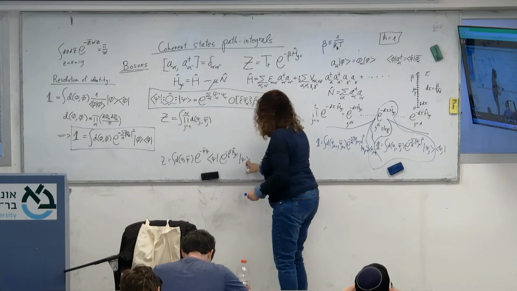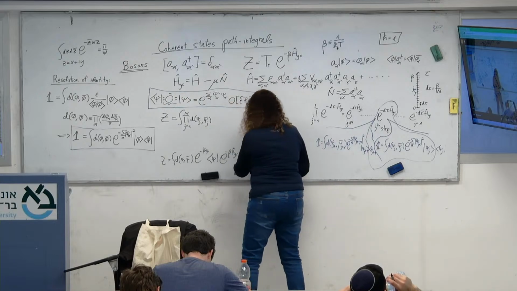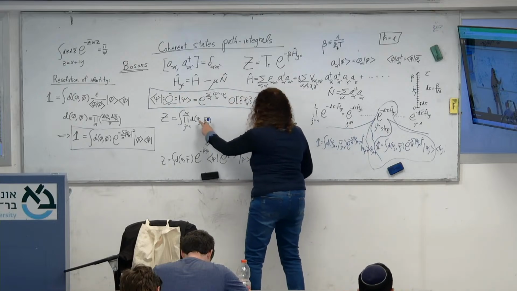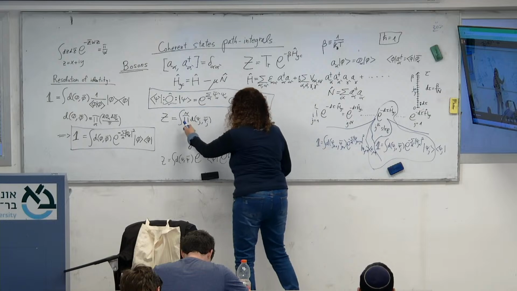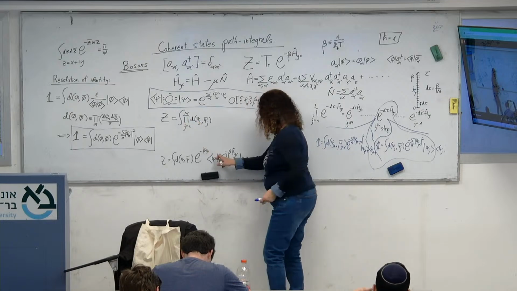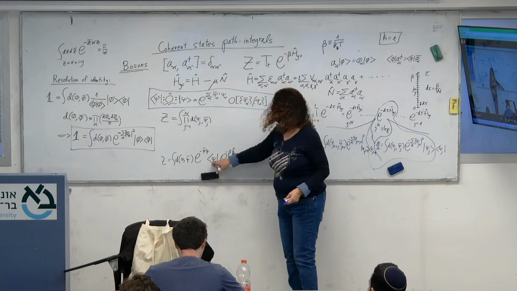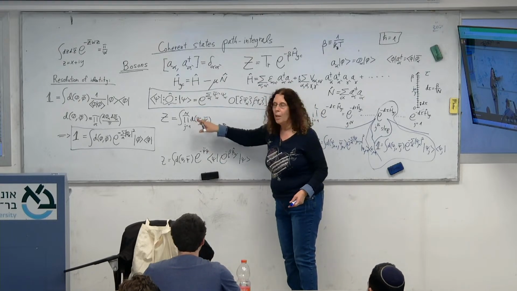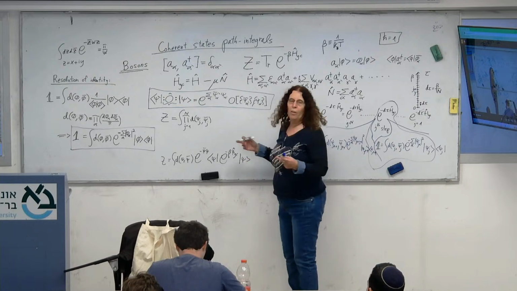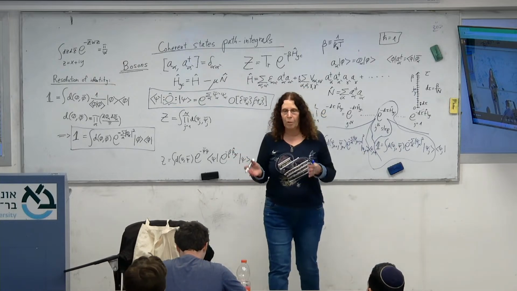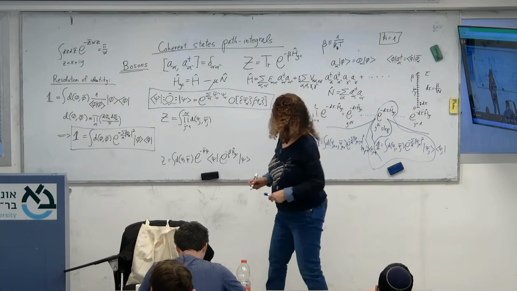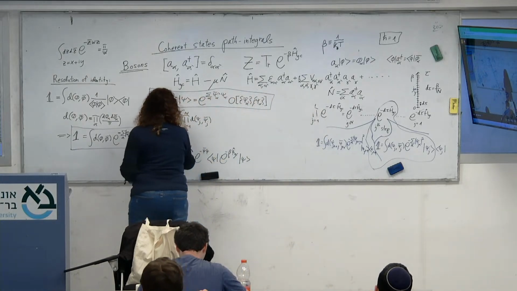Now, actually, let's say psi n is going to be identified with this psi. So we are already accounting for it. But the psi 0 will be identified with psi n. So there is a constraint on this.